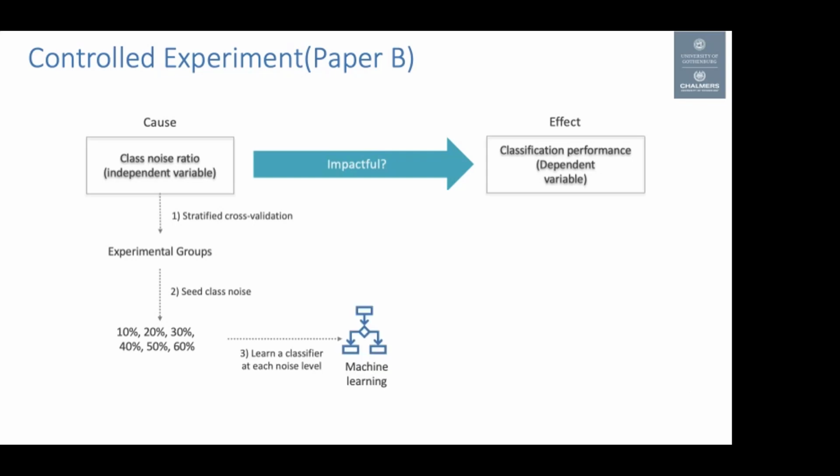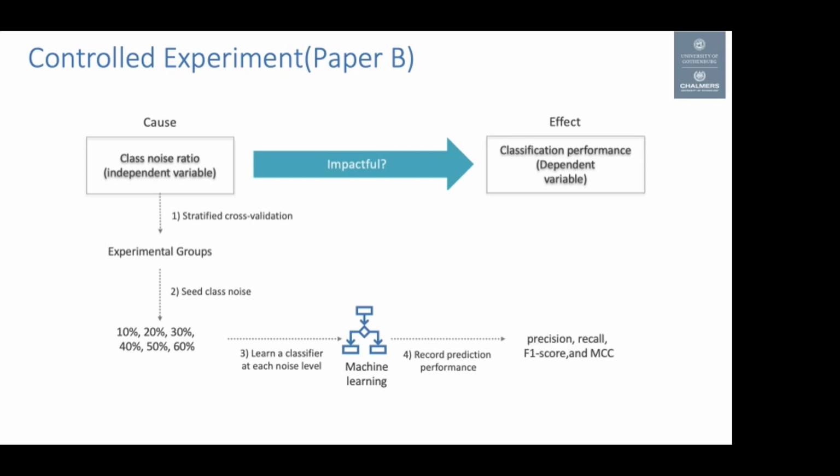So in our experiments, we used the same data set of code changes described in the first study. And we started the experiments by generating experimental subjects that we wanted to apply the treatment to. And then we seeded 6 different levels of class noise, which is the treatment here, and tested the performance of the classifier using a holdout subject.